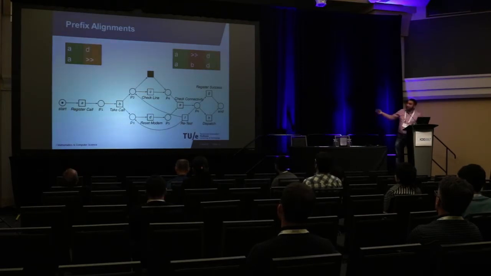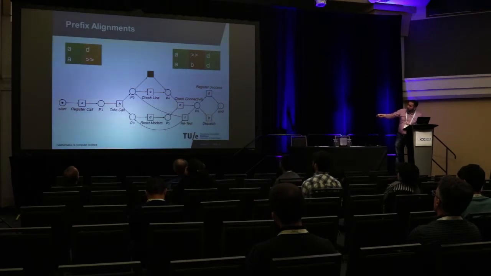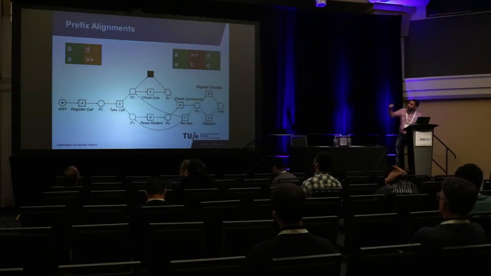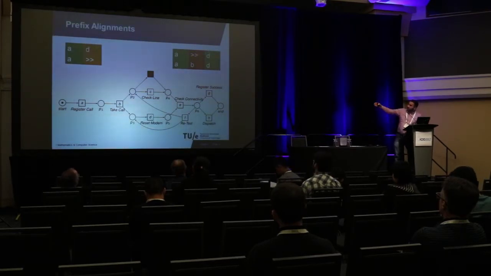If we receive now D after A, then we start to search: after A, what are we expecting? We are expecting B, but we have D in the log file. What to do now is to search whether we have a D at all in the process model, and we see it.